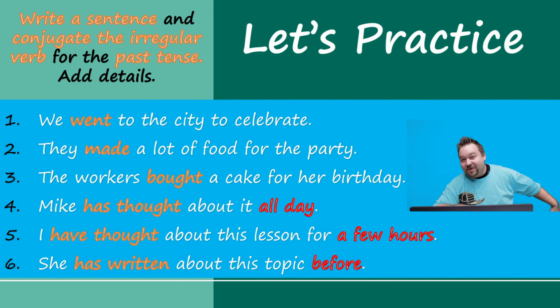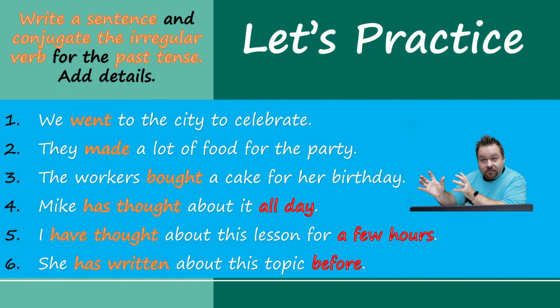She's done it before. Okay? So when we use the has or have, the helping verb, we add a time to it. If we used had, there's no time. We don't need it. Okay? Because it just happened. It's done.